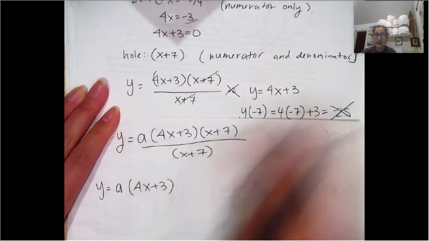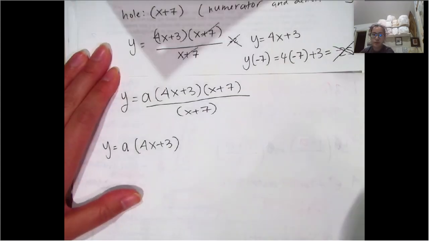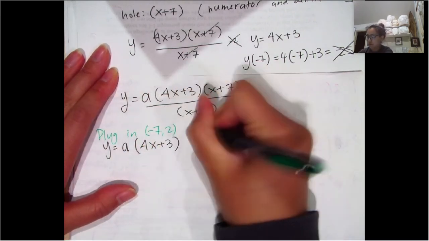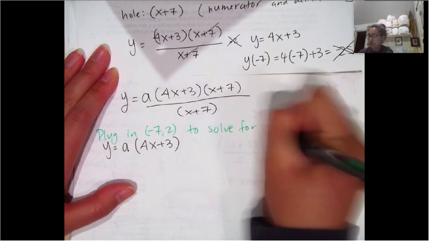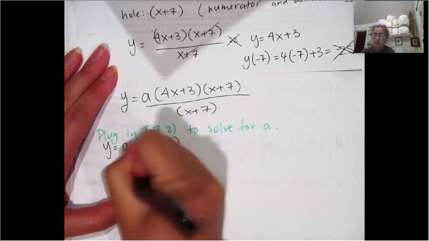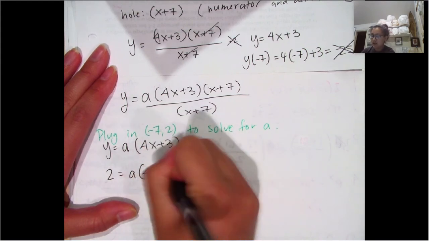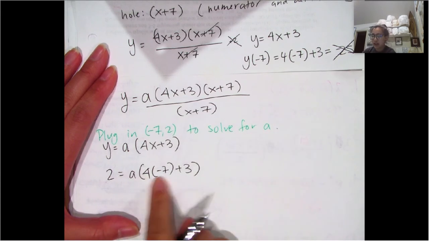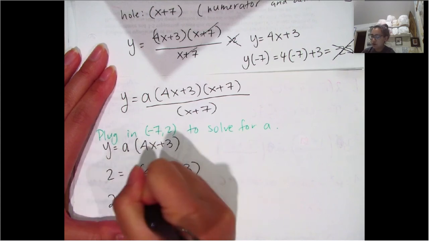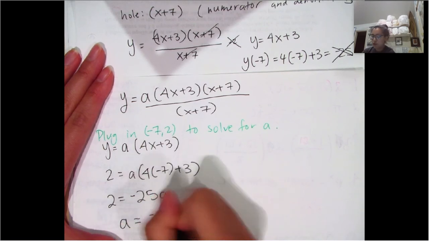So we will plug in (-7, 2) to solve for a. So 2 is the y value, equals a times (4 times -7 plus 3), and that, as we said earlier, is -25. So you have 2 equals -25a. So a equals -2 divided by 25.